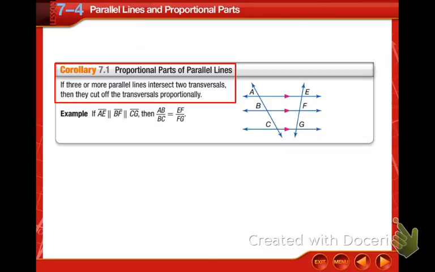So next part here, proportional parts of parallel lines. If three or more parallel lines intersect two transversals, then they cut the transversals proportionally. So now we're saying that AB over BC is proportional to EF over FG.